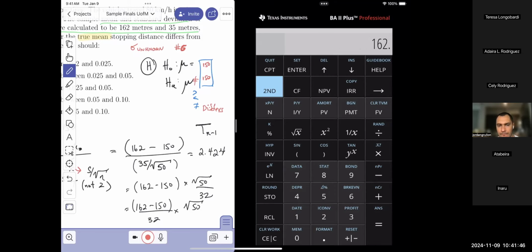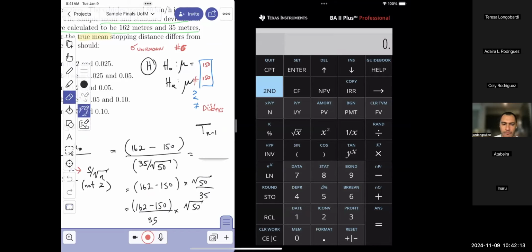I changed the number here. I wrote 32 instead of 35 for some reason. It's so funny. I think it's this 2 that's throwing me off. Here, do it again. Maybe you are right.